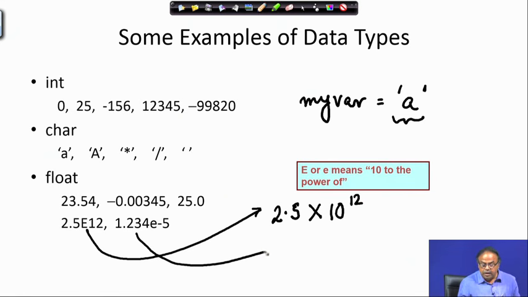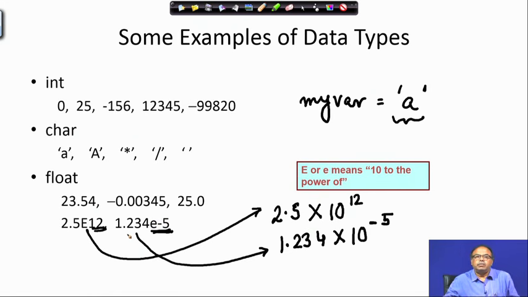And this means 1.234 times 10 to the power minus 5, because it is E minus 5. I can use capital E or small e, that really does not matter. These are examples of floating point constants.